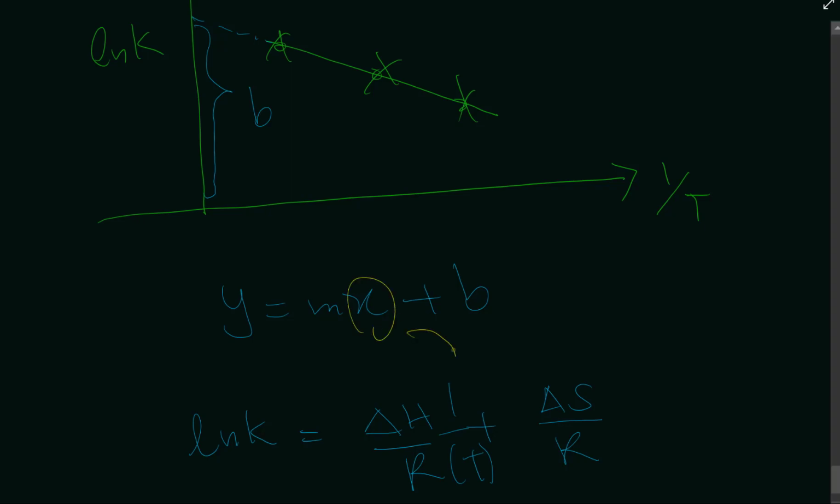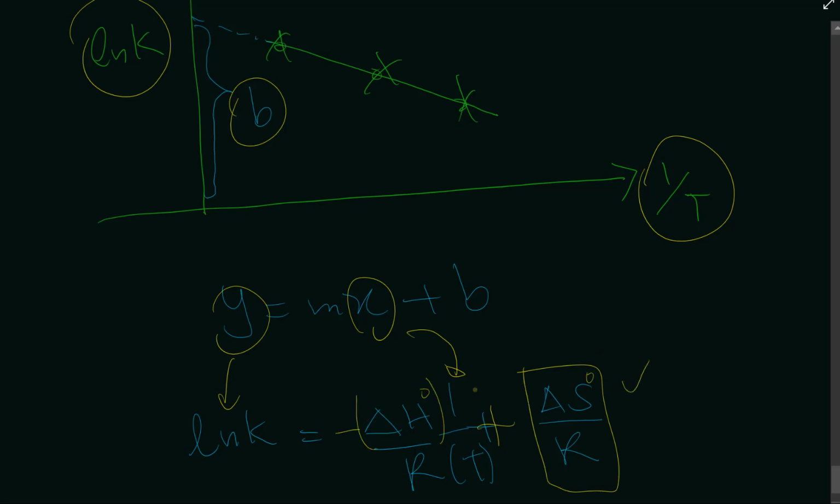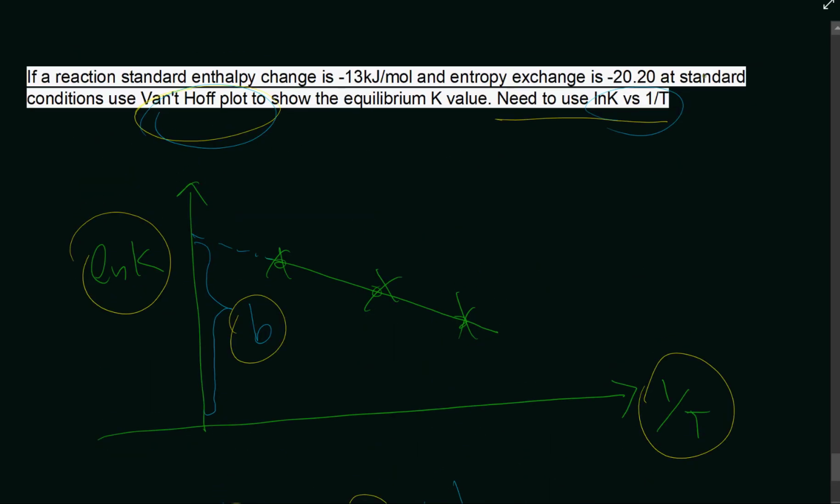And the x-axis is 1 over T, and the y-axis is ln K. We just put those things, and either we can have three points and draw the line, or we can do it mathematically, right? You can do it graphically, or you can use the math to solve it, right?